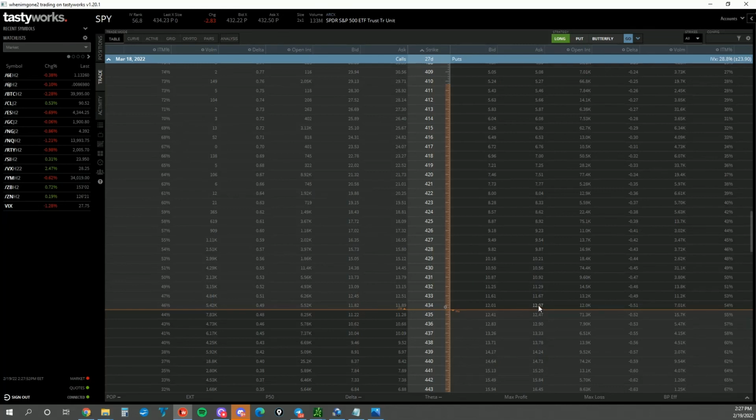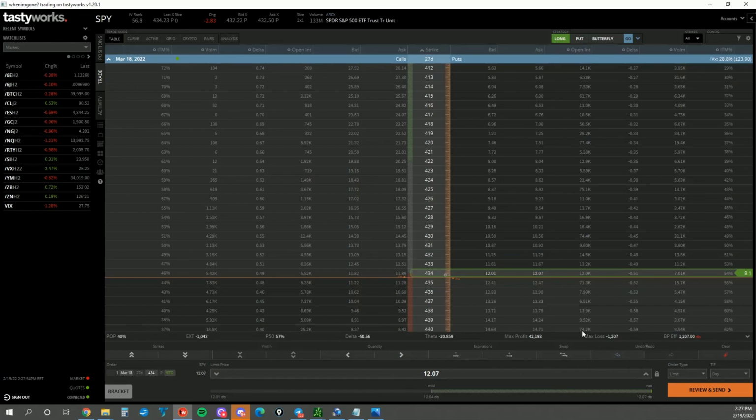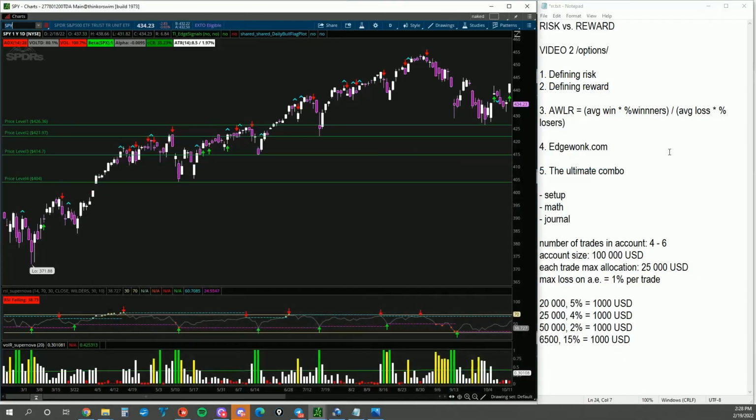If you're buying a put, this is the maximum amount of money that you're risking. This is the maximum profit in case the underlying goes to zero, which of course will not happen, but you never know. So options will always calculate your maximum loss, and it's up to you to compute whether the maximum loss is within the 1 to 1.5% of your account equity.